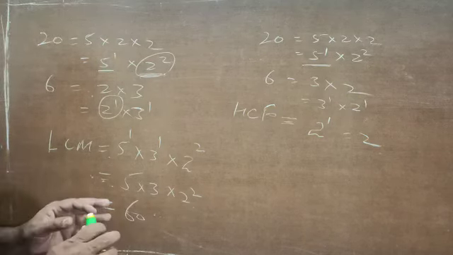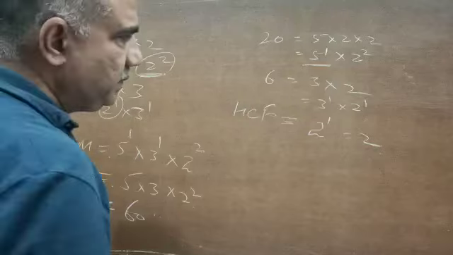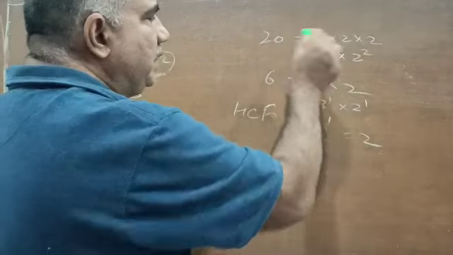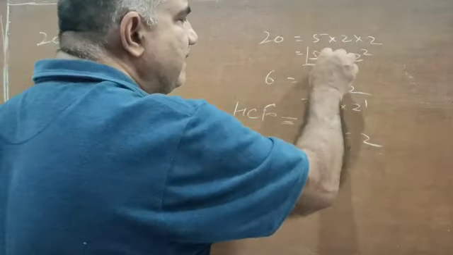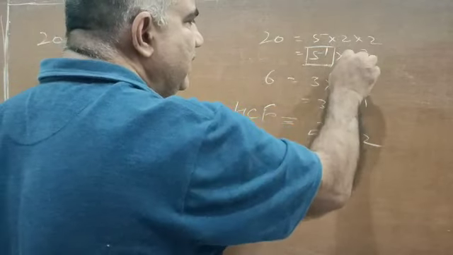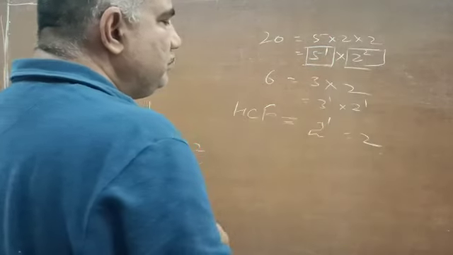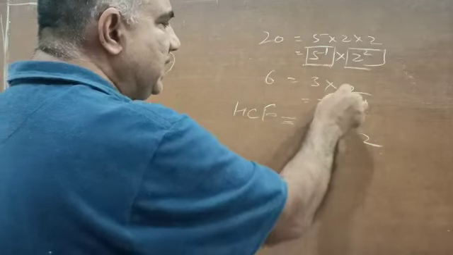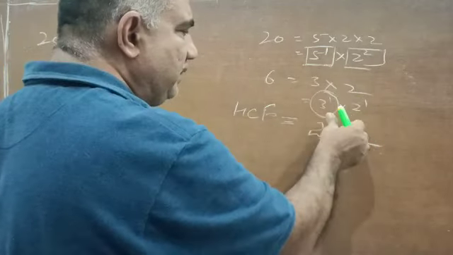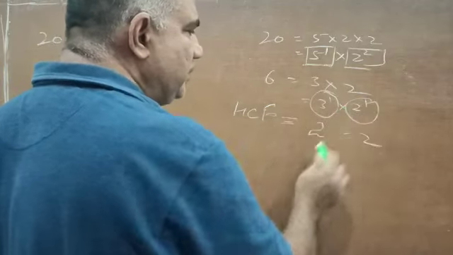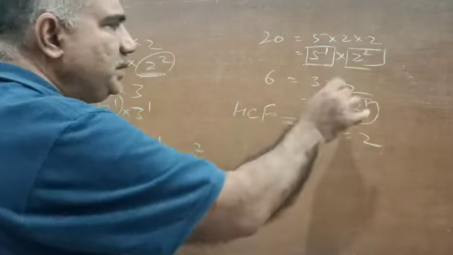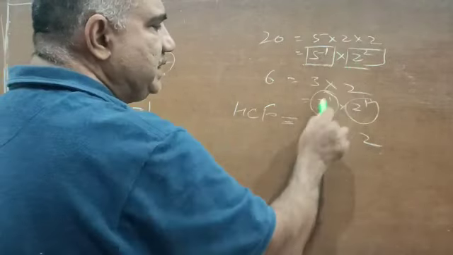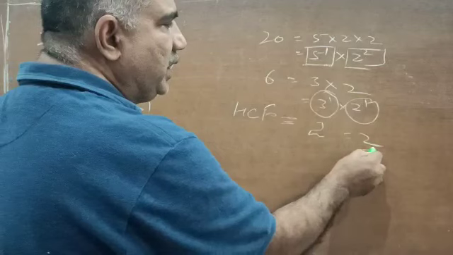Now you look at it: 20's factors are 5 raised to power 1 and 2 raised to power 2, and the factors of 6 are 3 raised to power 1 and 2 raised to power 1. Out of these 4 factors, you have picked up 1.